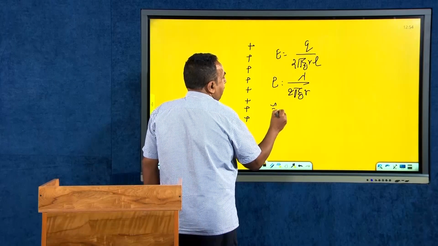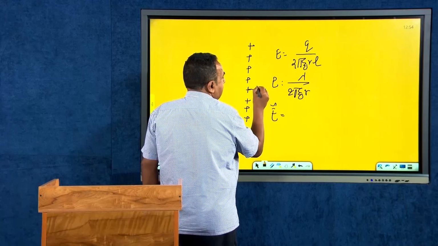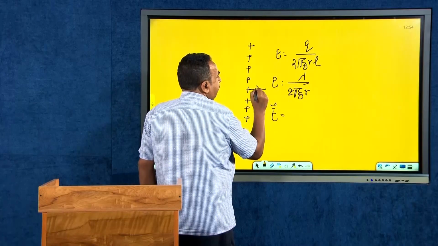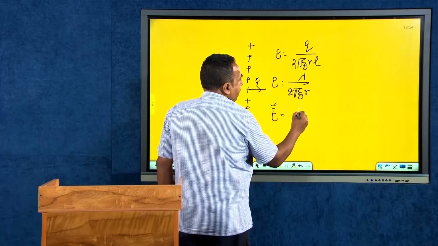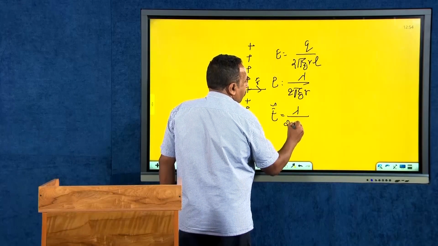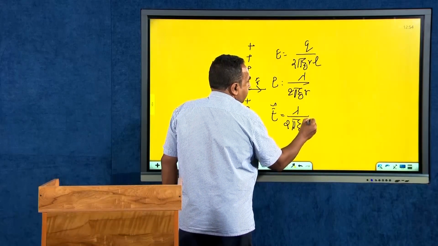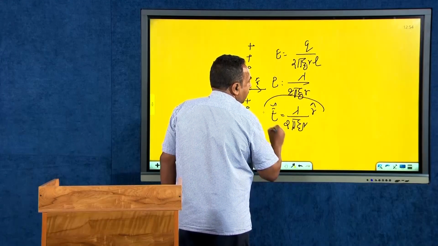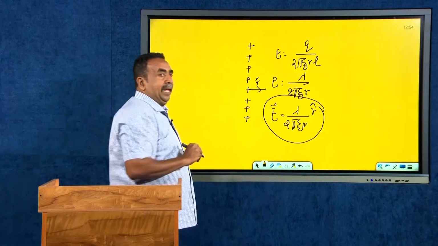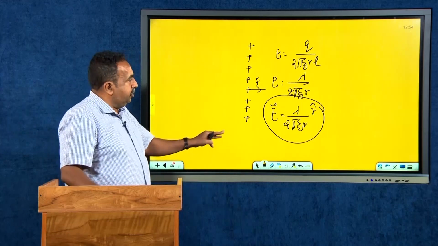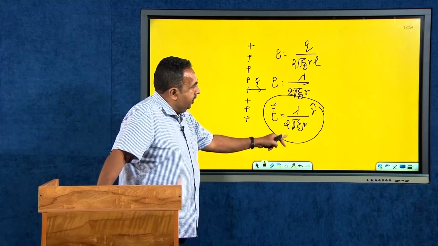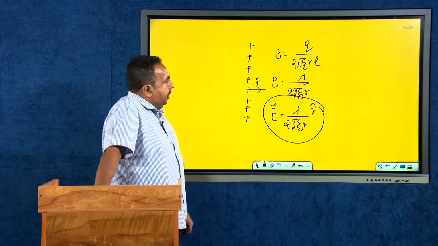If I want the vectorial form, the electric field is directed radially, so with the unit vector r, the equation becomes lambda divided by 2 pi epsilon 0 r into unit vector r. This is the electric field due to a line charge distribution.